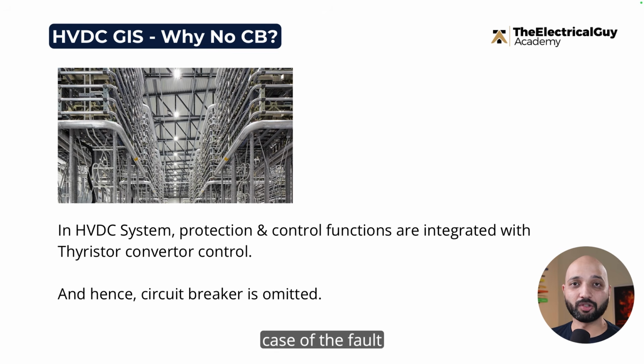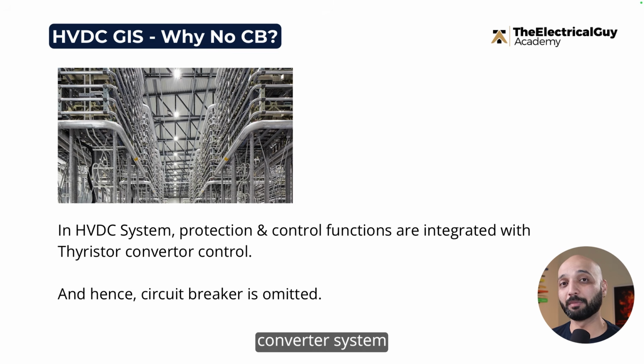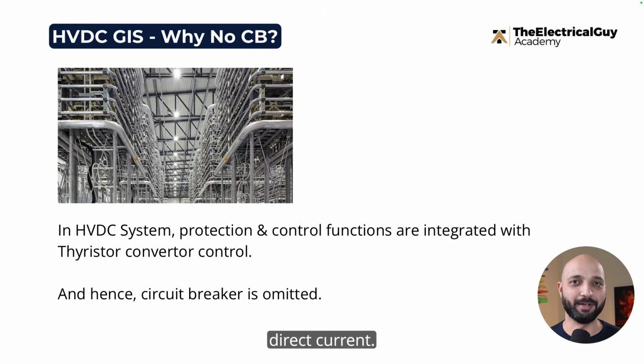So in case the fault current occurs or some abnormal situation occurs, the control or the current regulation can be done within the converter system that we have. And that's why a dedicated circuit breaker in DC switchyard is not required. And that's why if you pay attention to the single line diagram that we have seen initially, there is absolutely no circuit breaker symbol used, because it's not required. The converters are capable enough to control and regulate that faulty direct current.